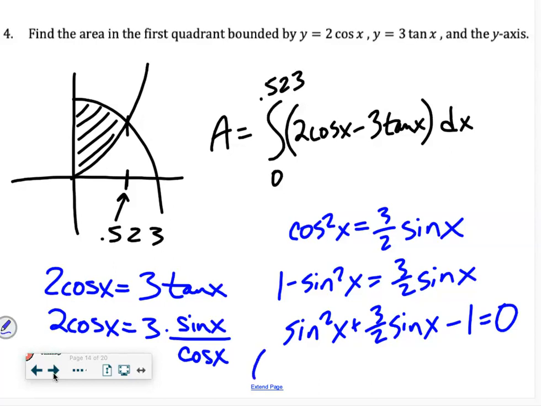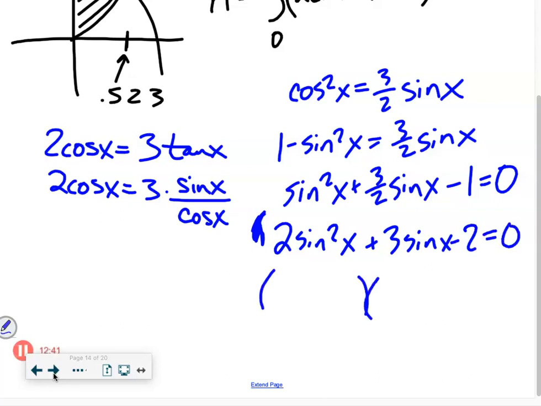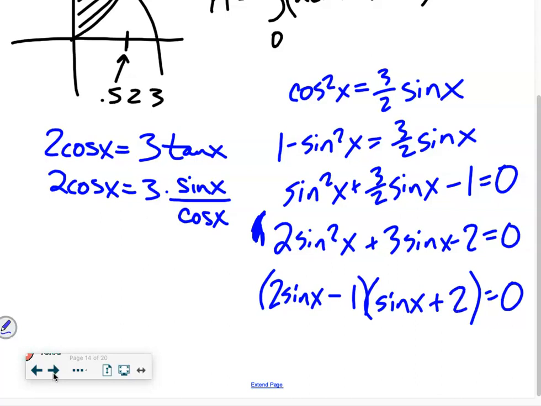Does this factor? Let's double first. So you have 2 sine squared plus 3 sine minus 2.